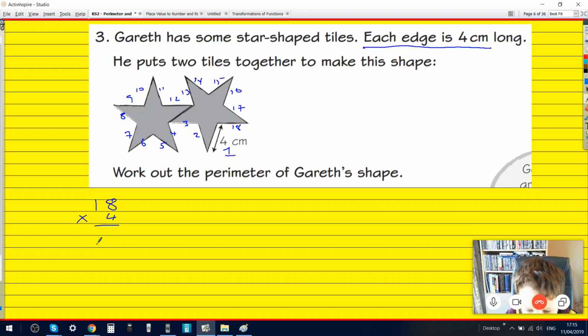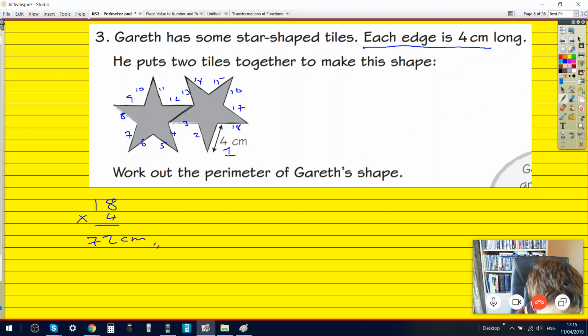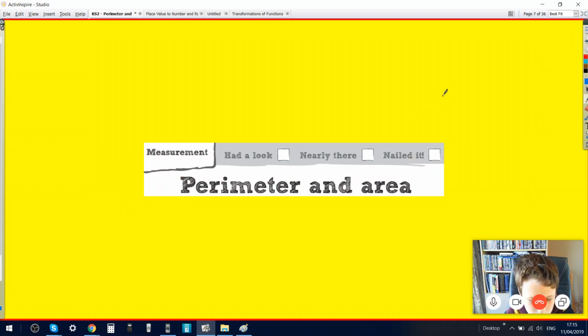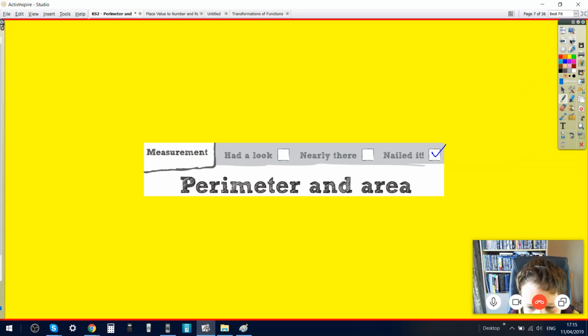Okay, I got an answer of 72. Well done. Yeah, so the quick way of doing that is just count how many there are and multiply. So perimeter and area. I think maybe nailed it, perhaps. Yes.